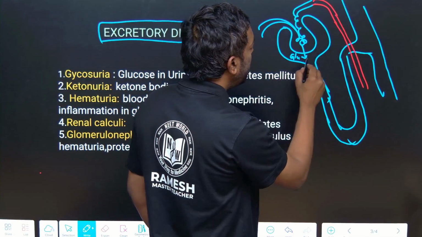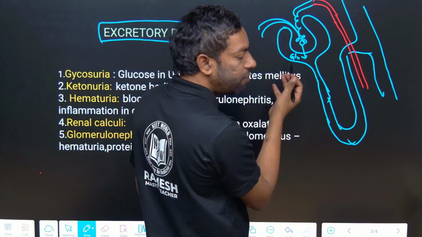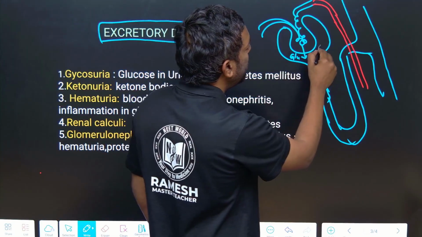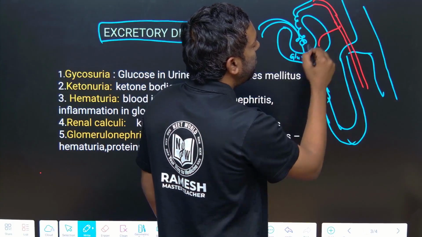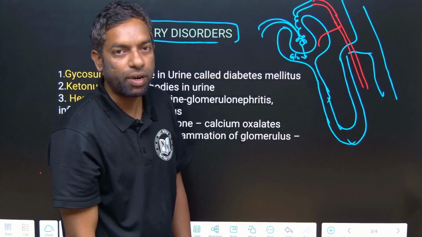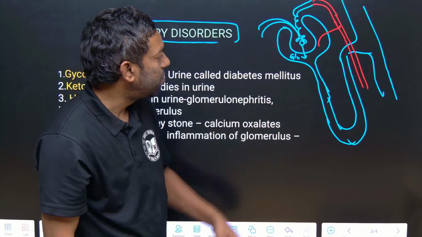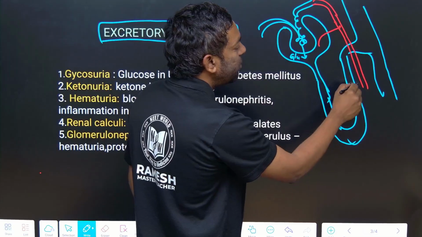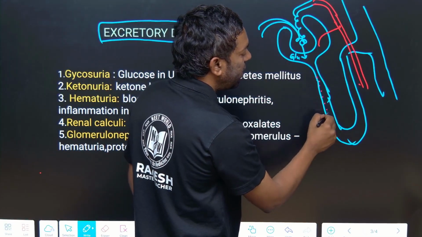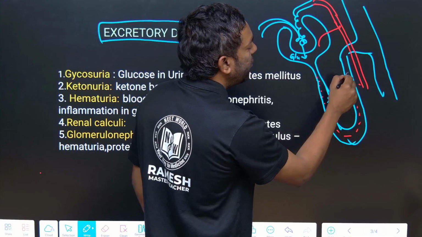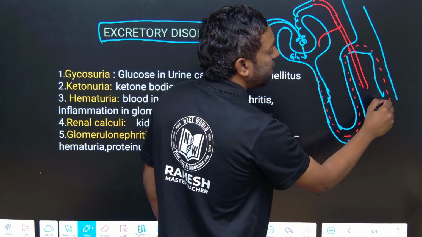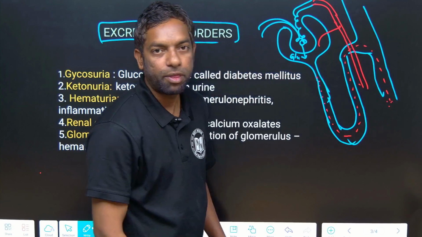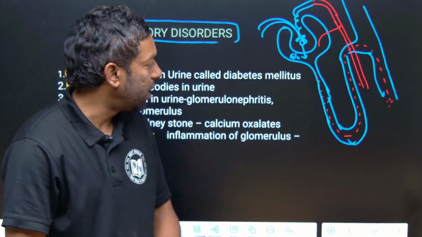This is the capillary network. The glucose filtered in the Bowman's capsule enters into the blood again by reabsorption. But some glucose is not reabsorbed, it remains in the lumen of the nephron, and finally is excreted through the urine from the collecting duct.